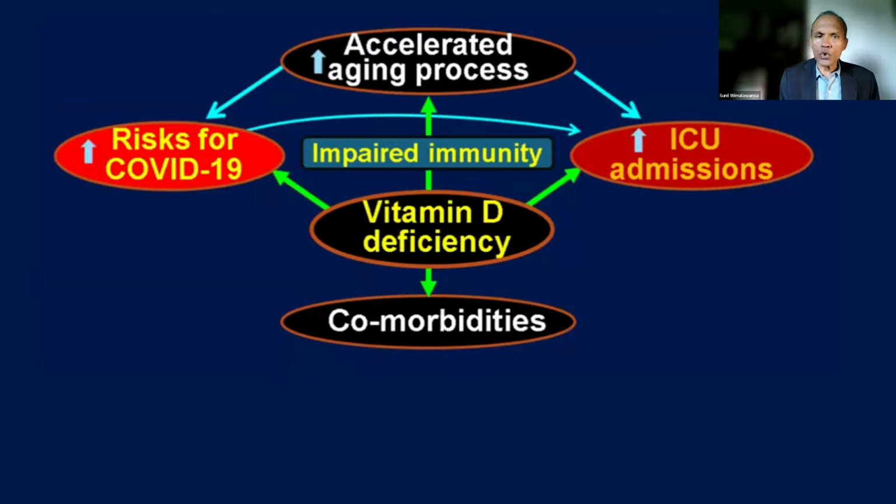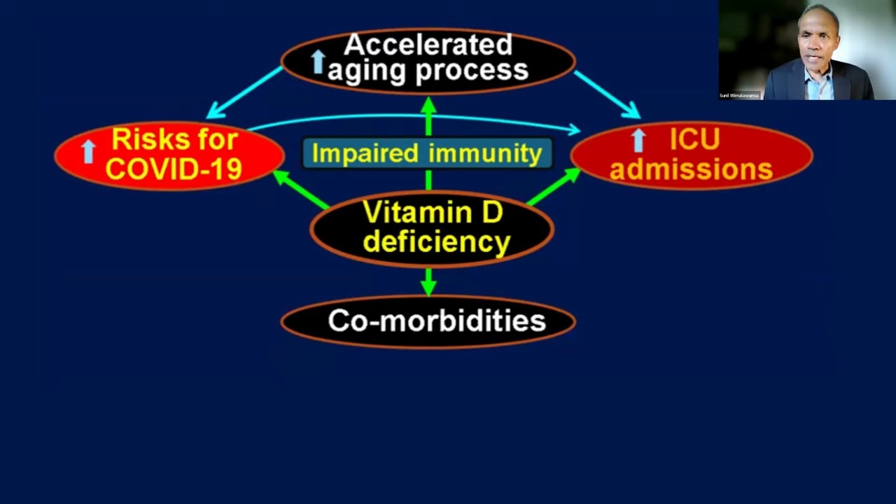Vitamin D deficiency, as we touched on in the last slide, significantly impairs immunity. For a robust immune system, we now know this needs a minimum of 50 nanograms per milliliter on a continuous basis to overcome infection. In addition, vitamin D deficiency accelerates the aging process, which experts will discuss in this conference. It also increases the risk of symptomatic COVID, ICU admission, and indeed deaths.